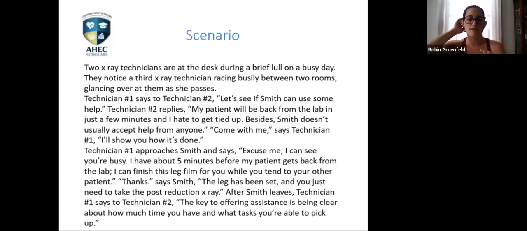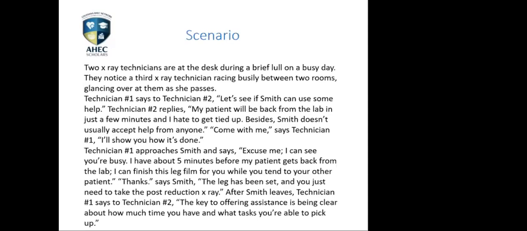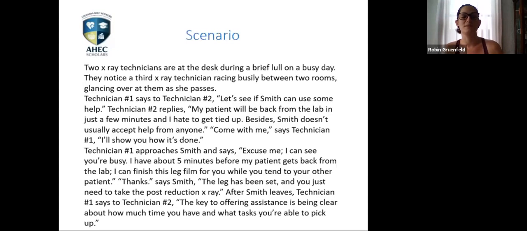I also think there's an important piece here, which is that Technician 2 is comfortable delegating, or Smith is comfortable delegating. She goes, okay, thanks, there's this thing here to do. So it kind of takes out the what-if factor that Smith would have been like, go find your own x-rays, man. So they are scenarios.